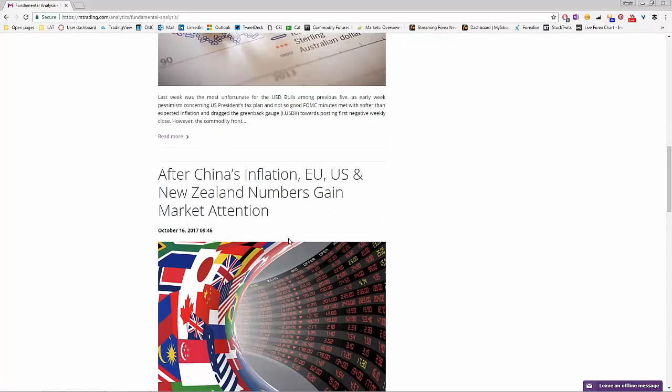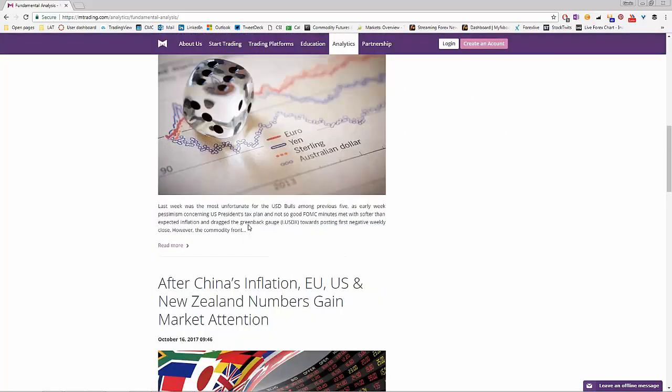As you can see, they really go into the details of the fundamental facts behind what's being released, the economic news that's being released on a daily basis, and also what do traders take away from this? So how do traders filter that information and produce that within their trades?